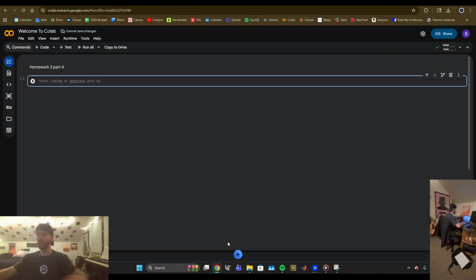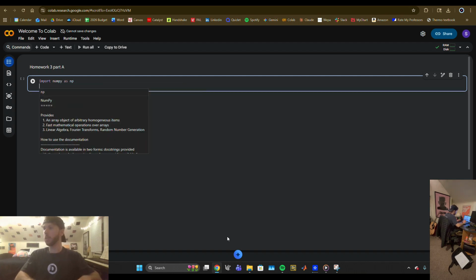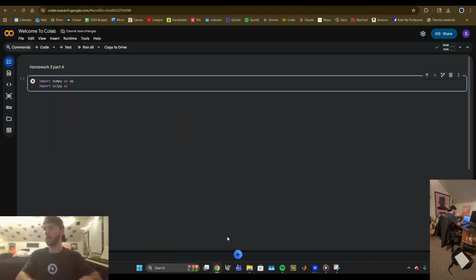So now we can calculate the null space of our matrix in order to solve for the pi variables. To start, we'll need to import numpy as np and import scipy as sp.